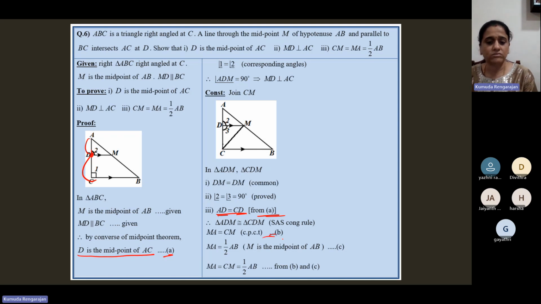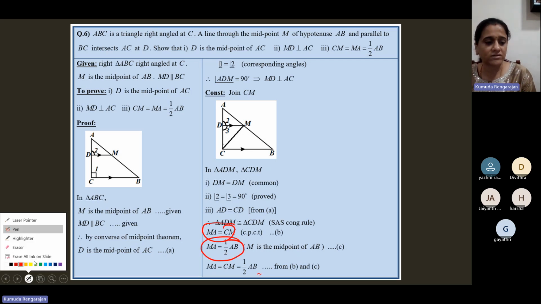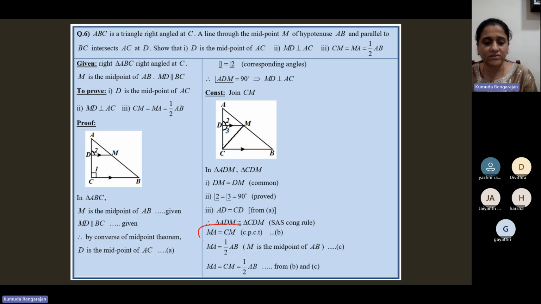And this B also. You will not know that you have to mark this B and this one C. You keep working. Then at this point, you want to say that from this result and this result. Because what is this result? MA is equal to CM. And what about this? MA is equal to half AB. So from this and this, we conclude that all the three are equal, right?